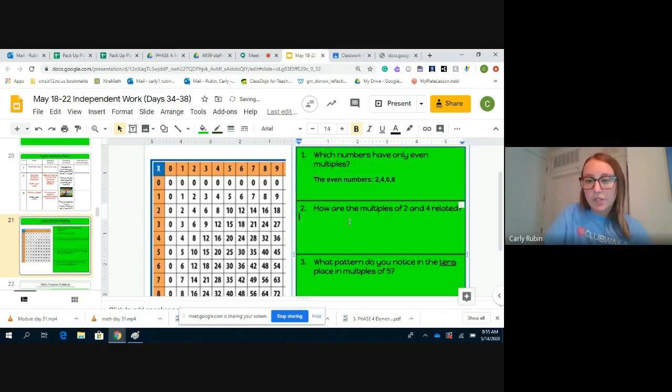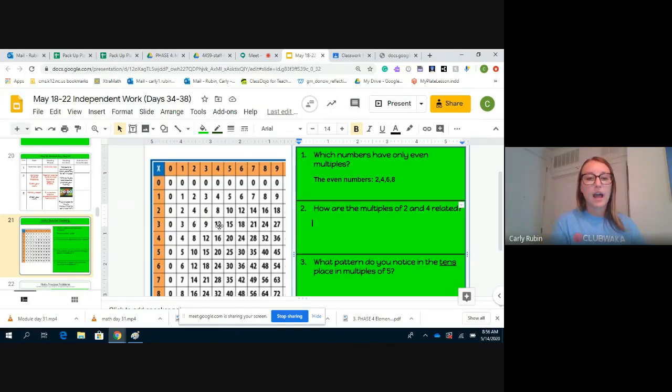All right, number 2. How are the multiples of 2 and 4 related? So here's the multiples of 2. If I look down the list, and here's the multiples of 4. So now we want to see what connection they have. I see the first multiple of 2 is 2, and 4 is 4, and then 4, and then 8, 6, and then 12.